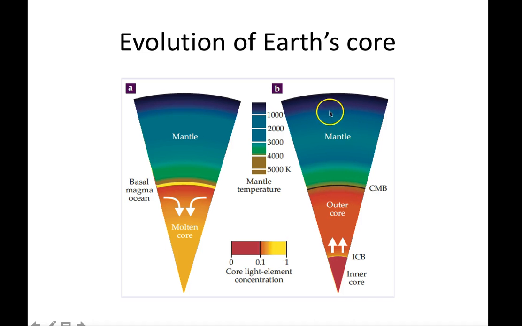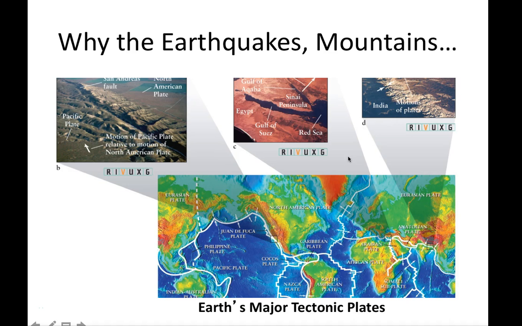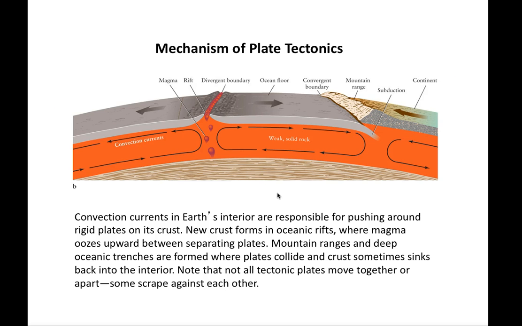Okay, so we have this cyclic behavior of the mantle underneath, and then on top of it we have this layer which has been cooled off, just like the scum on top of a little cup of maple syrup. So here is the mechanism, if you will, of plate tectonics.